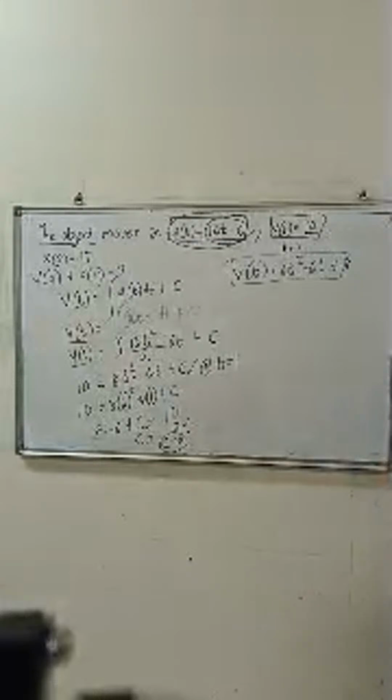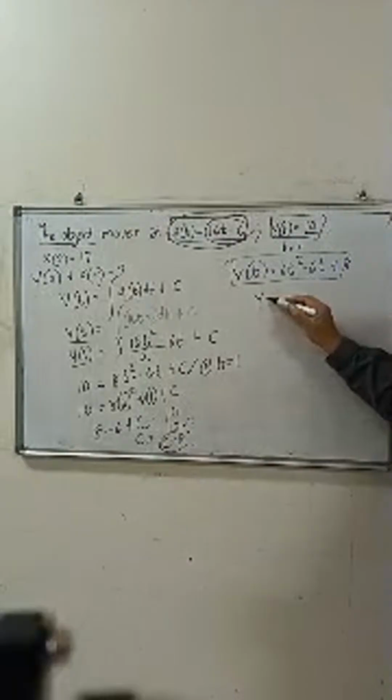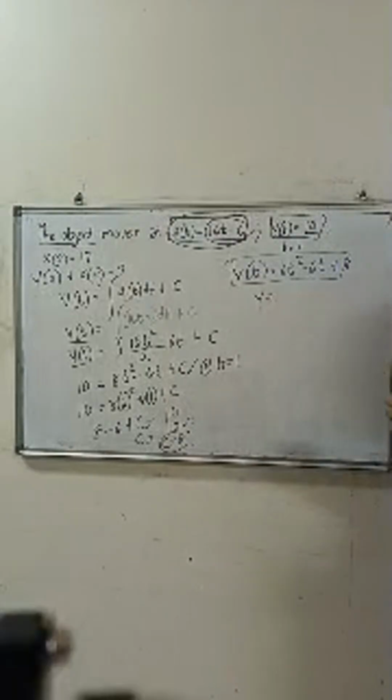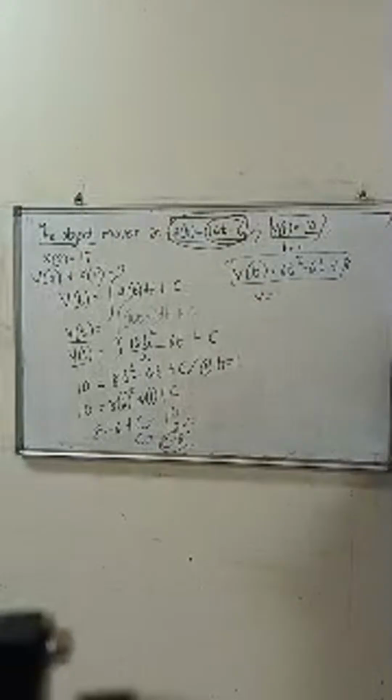But if the problem also says, what is the velocity at 4 seconds? You substitute the 4 here, and this becomes your velocity. So be technical: if I say, what is the velocity if the time is equal to 4, I will never say velocity function of t.